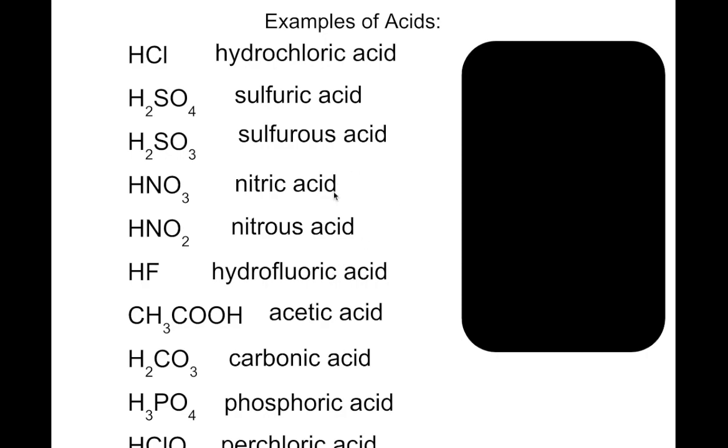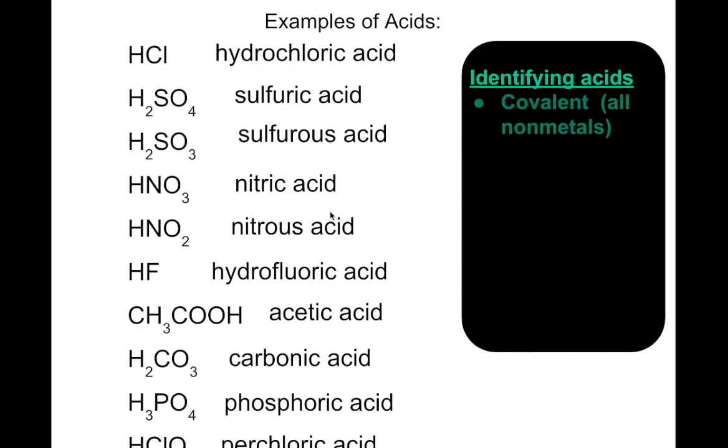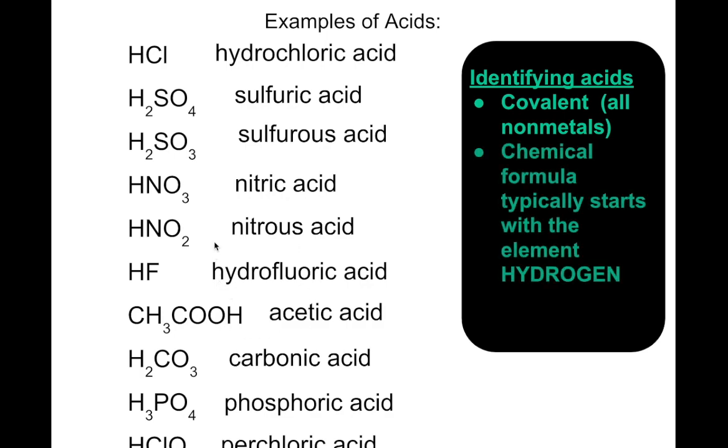Hopefully you noticed that trying to identify an acid isn't really that hard usually, because 1, if the molecule is covalent, all of these are, right? They all contain just nonmetals. There's a chance that it's an acid. And 2, most of the time when an acid is written, the hydrogen is written first.